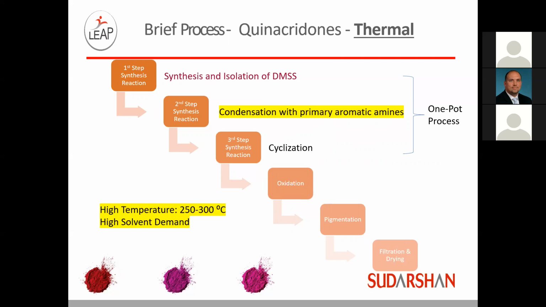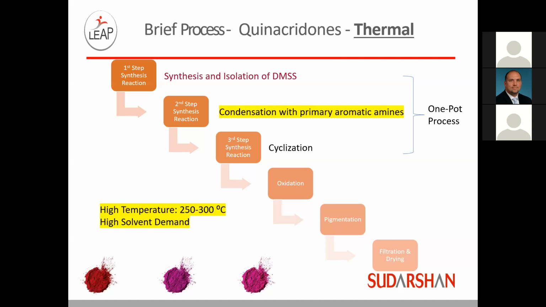Once that's completed, the thermal process then begins with a condensation with primary aromatic amines. And that step is where the thermal gets its name, because it's a very high temperature step where the temperature is in the range of 250 to 300 degrees Celsius. And this also has a very high solvent demand for its process.